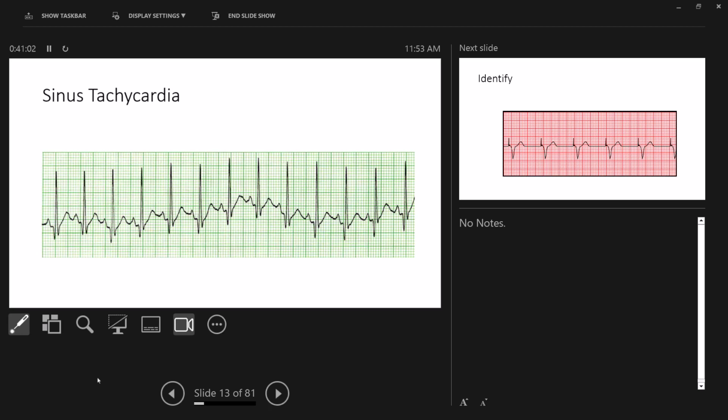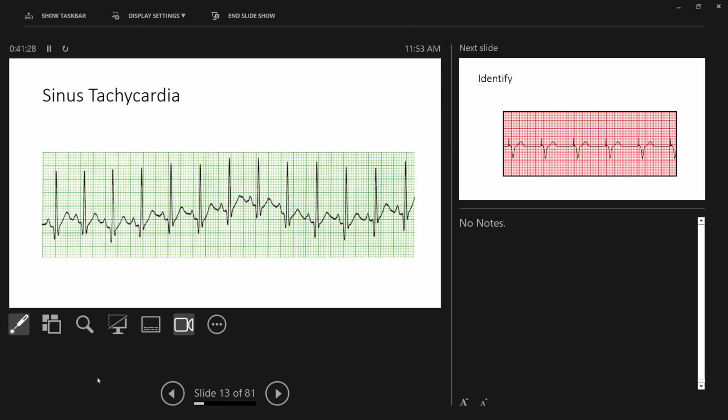What would you call it? Not SVT. It's not fast enough for SVT. No, you don't see any P waves. Junctional or accelerated junctional tachycardia. Yeah. Or accelerated junctional rhythm.